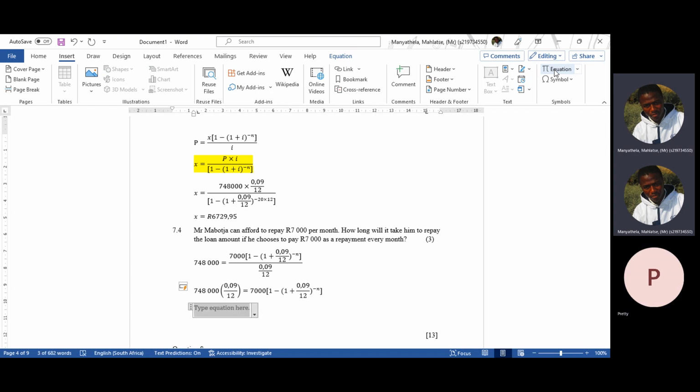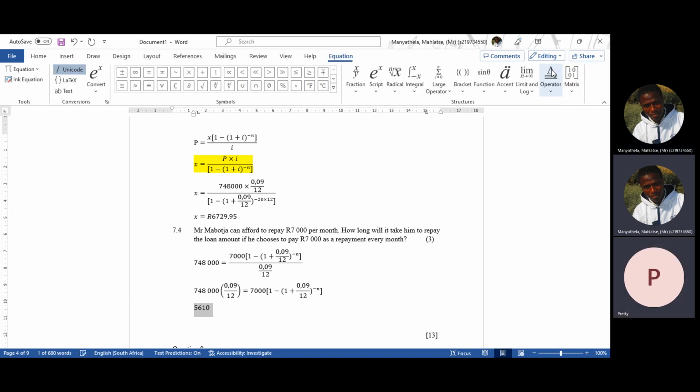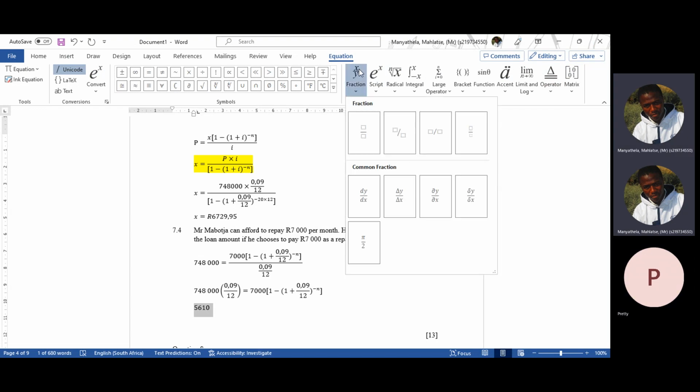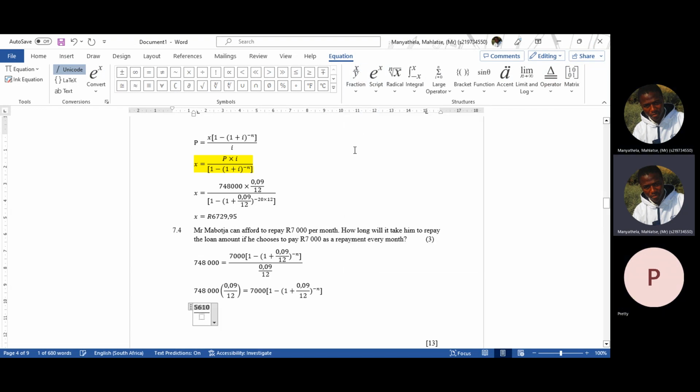So if you try 748,000 times 0.09 over 12, it equals 5,610, and then this side will be divided by 7,000.